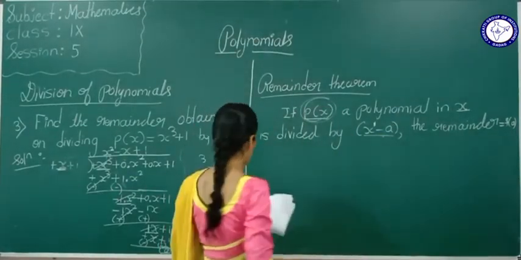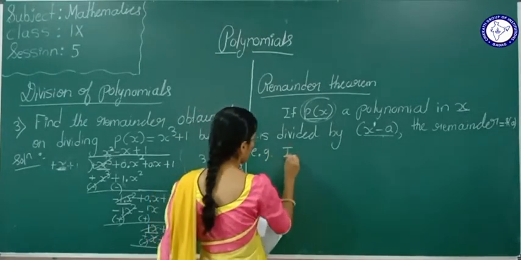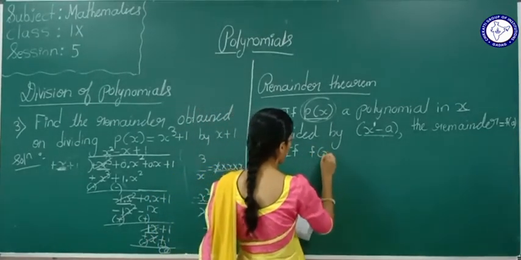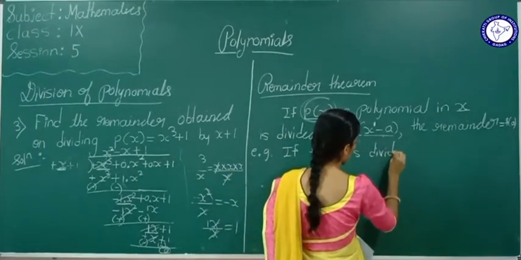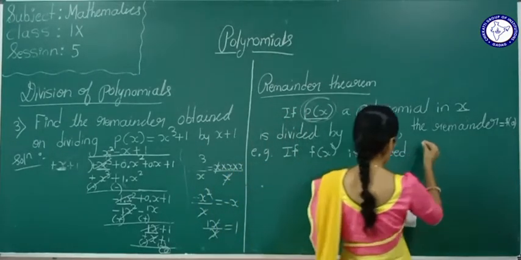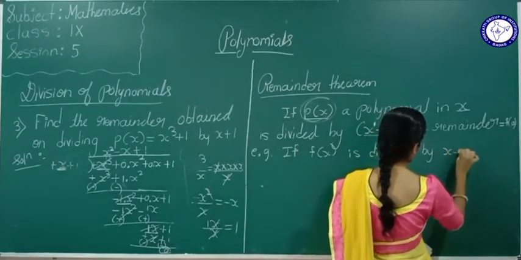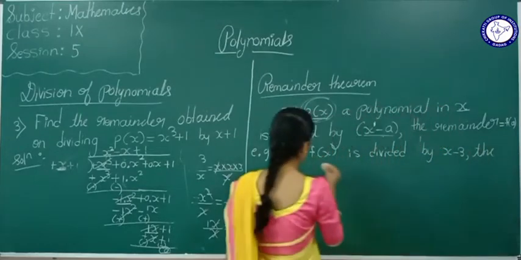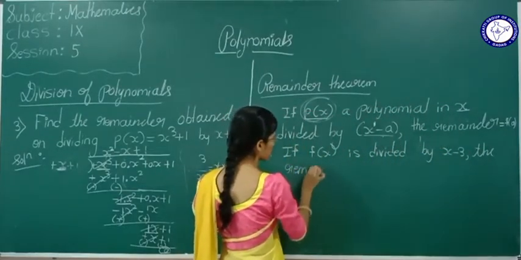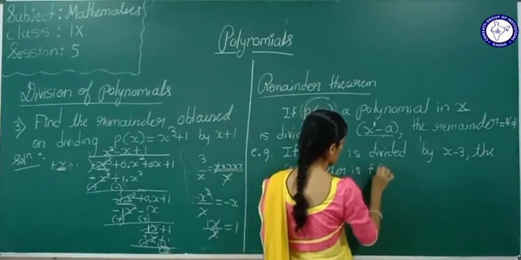Now see here students, I will give one example. If f of x is divided by x minus 3, the remainder is f of 3.